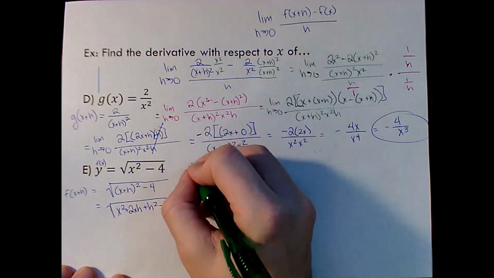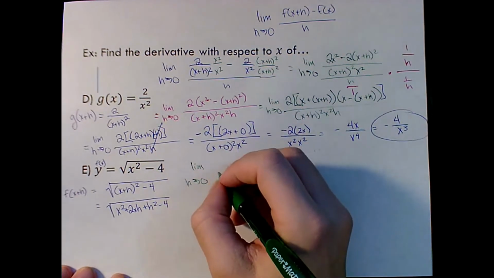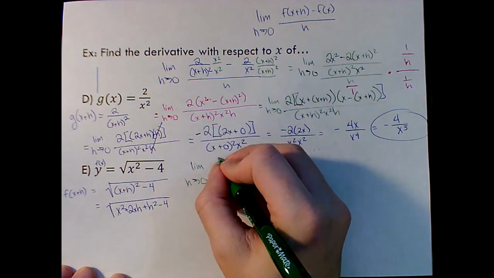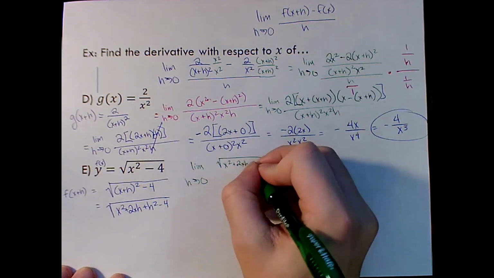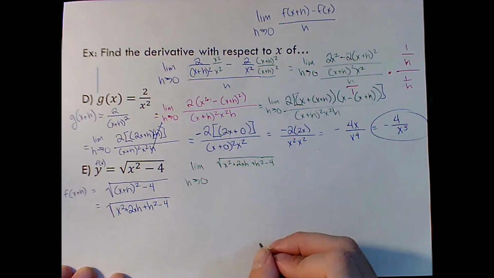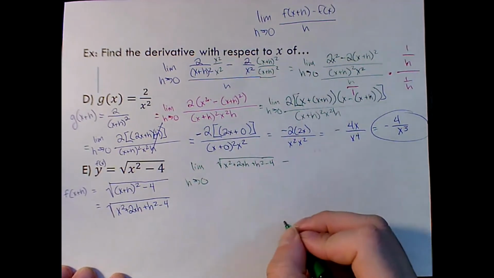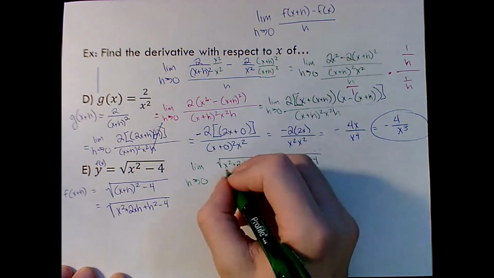So the derivative is going to be f of x plus h, which is root x squared plus 2xh plus h squared minus 4, minus f of x, which is root x squared minus 4, over h.